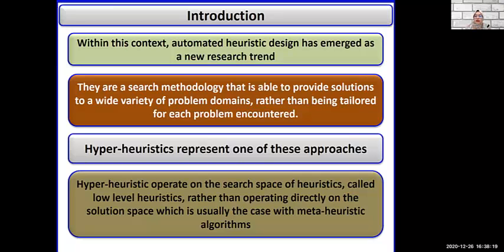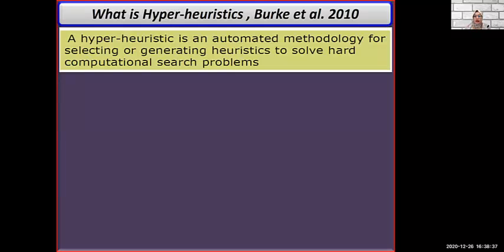Hyper-heuristics operate on the search space of heuristics called low-level heuristics rather than operating directly on the solution space, which is usually the case with meta-heuristic algorithms. So what is a hyper-heuristic? It is defined by Burke et al. in 2010: a hyper-heuristic is an automated methodology for selecting or generating heuristics to solve hard computational search problems.